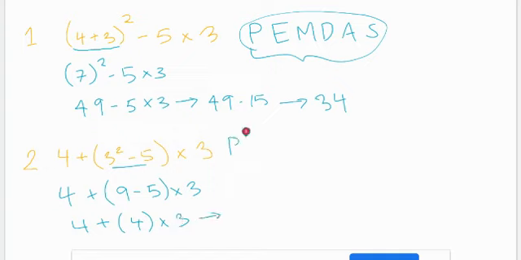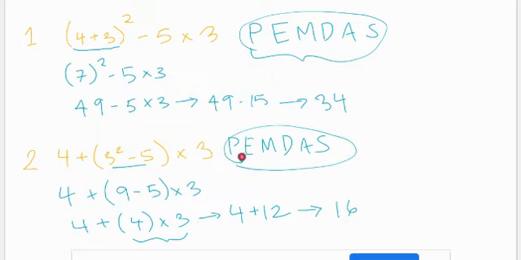There are no exponents, but there is multiplication right here. So we have 4 plus 4 times 3, which is 12. There is no division, but there is addition right here. So we know that 4 plus 12 is 16, which is your final answer, because there is no subtraction, and we've solved the PEMDAS.